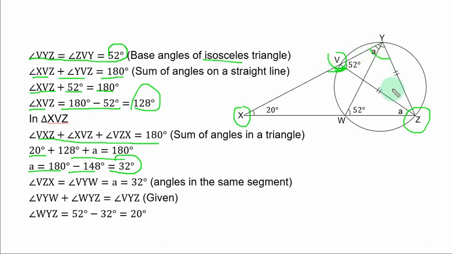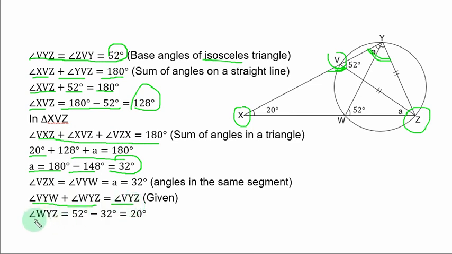This angle and this angle, they are equal, angles in the same segment. And we have 3 angles here: angle VWY, angle WYZ, and angle VYZ. But the sum of two of them is equal to VYZ as given.